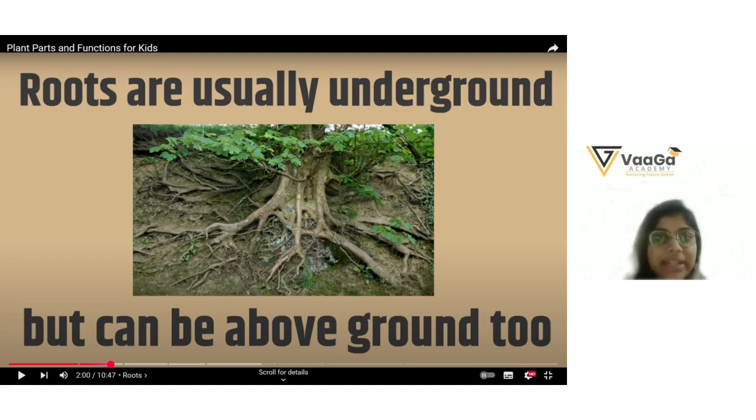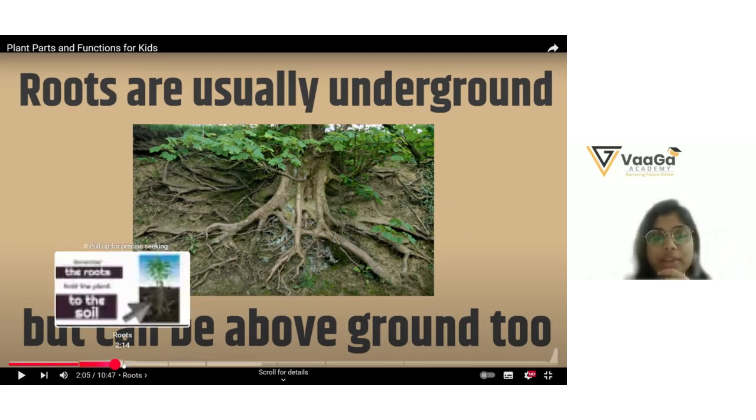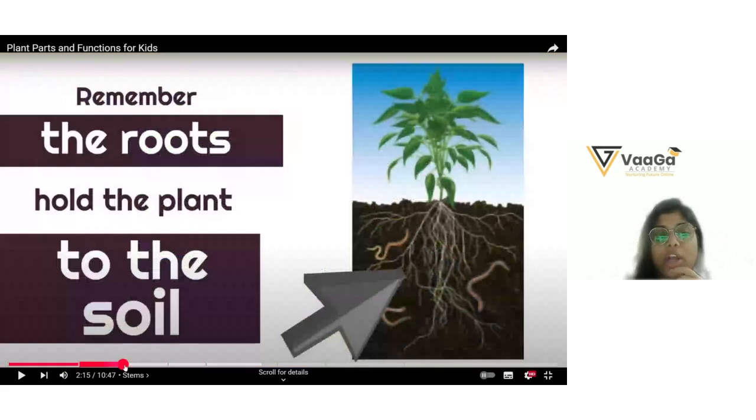Yes, you have seen. Sometimes you can see the roots above the ground too. So this is the image of the roots. Got it? Remember always, dear, the roots hold the plant to the soil.